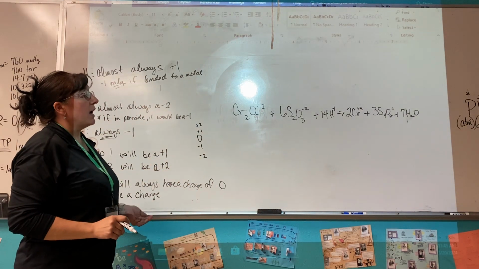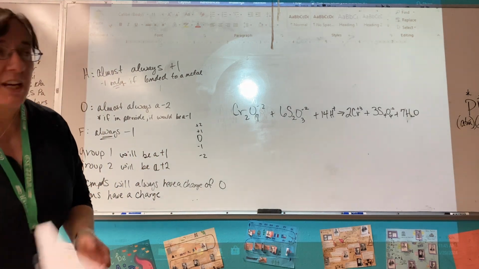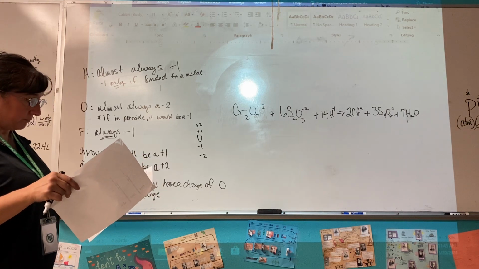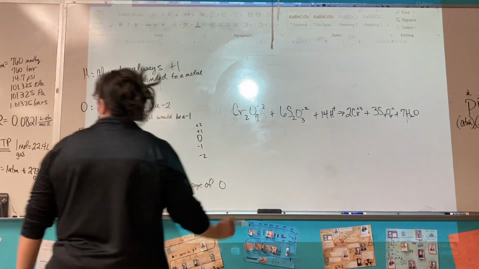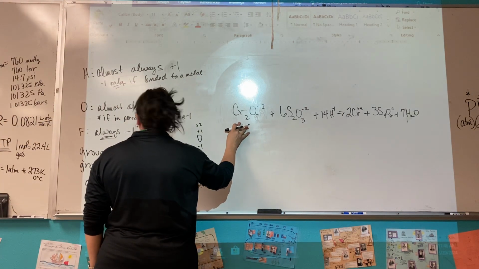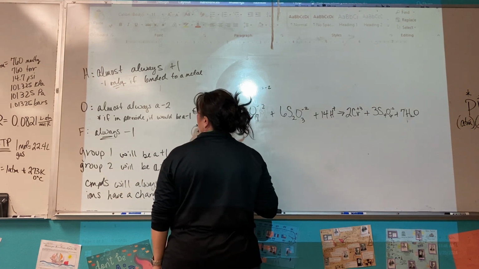So I want to try to calculate what the oxidation numbers are. I want to see what is actually changing. Okay, so this right here was your anion. It was a polyatomic that had a -2 charge, so everything here should add up to -2.